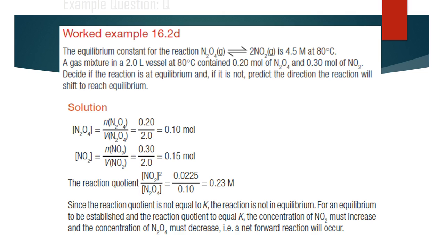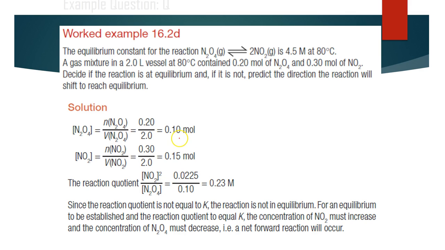So again, we're looking at another worked example here, and we're calculating the equilibrium constant for our N2O4, and we're deciding if it's at equilibrium or not, and predicting the direction that the equilibrium will shift. So in this case, we're told that we have a reaction quotient.